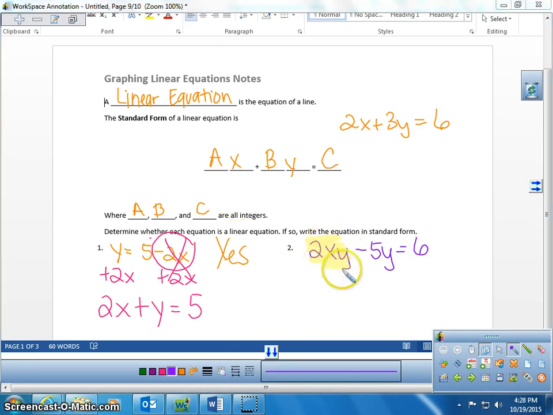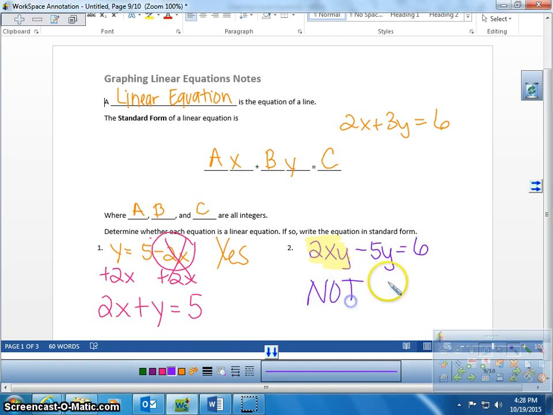What is happening between the x and the y? Well, they're being multiplied. Is there anything in our standard form equation that looks like this? No, there is not. Also, you can notice that there are 2 y's. I cannot have 2 y's. So therefore, this is not a linear equation. I need only one x and one y.